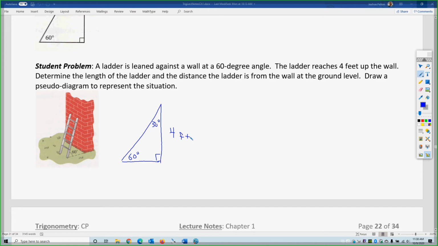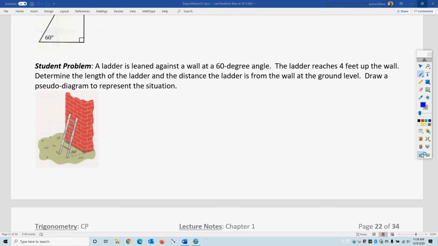Well, that's the shorter leg, which is root 3 smaller, so that's 4 divided by root 3. And the length of the ladder is twice as long as the shorter leg, which in this case will be 8 over root 3 feet. So basically you're doing iterations of root 3 longer or smaller, and twice as long for the hypotenuse when you're doing 30-60-90s. Alright, let's try the next page.